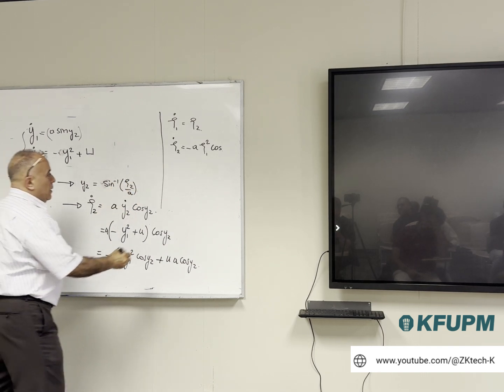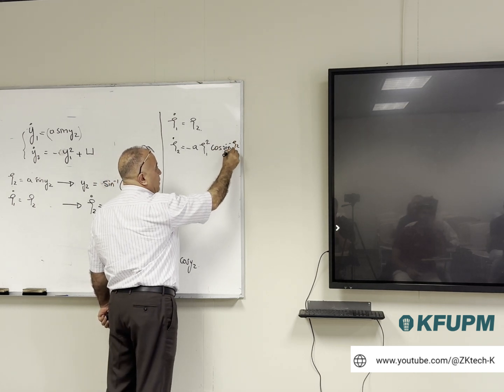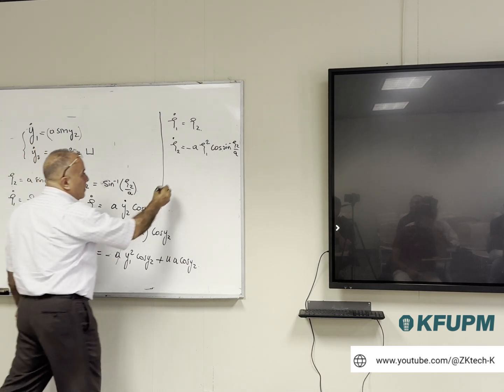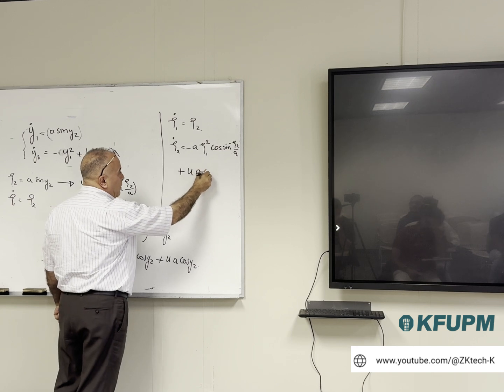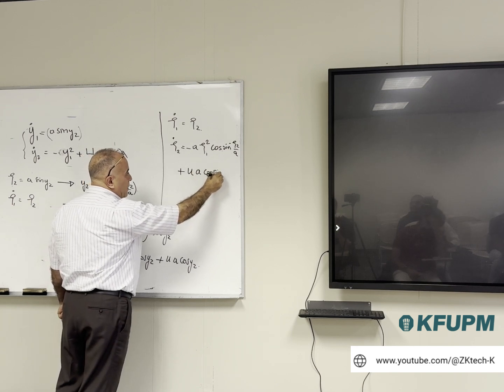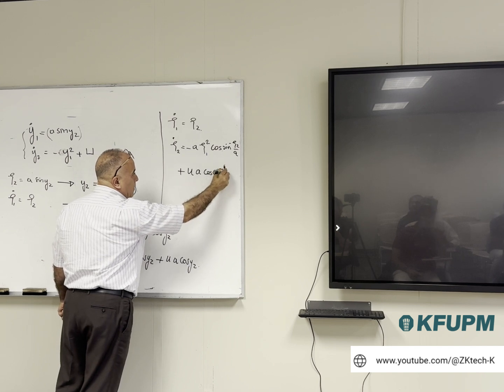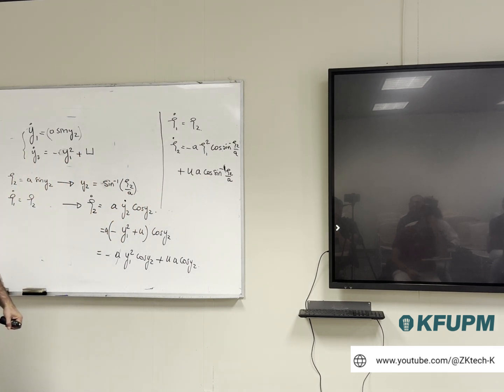So I'm going to write here cosine of sine inverse of zeta 2 divided by a, plus u multiplied by a multiplied by cosine of sine inverse of zeta 2 divided by a. So now I have a system that is completely described by zeta 1 and zeta 2.